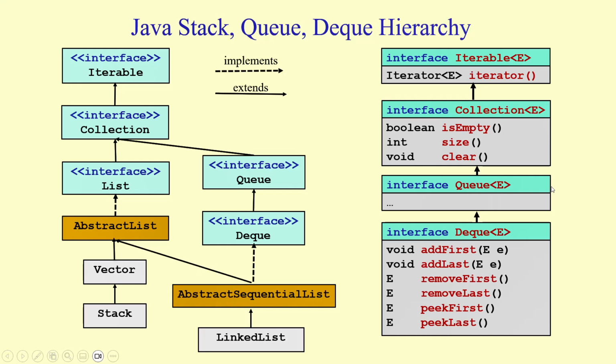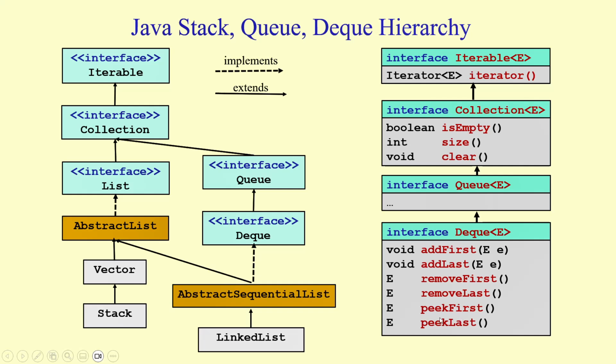Here is the inheritance hierarchy. As you can see, Deque is an interface, and the concrete class we need to instantiate to create a deque is a LinkedList. And here are the major operations in Deque. addFirst adds the element at the front of the deque. addLast adds it at the rear or the back. removeFirst removes the element at the front of the deque. removeLast removes the element at the rear or the back of the deque. peekFirst is going to look at and return the element at the front of the deque without removing it.